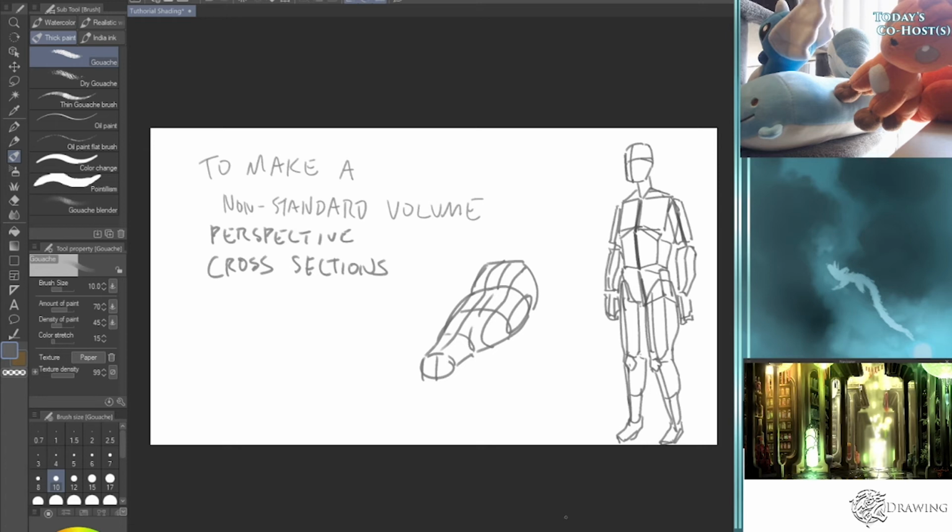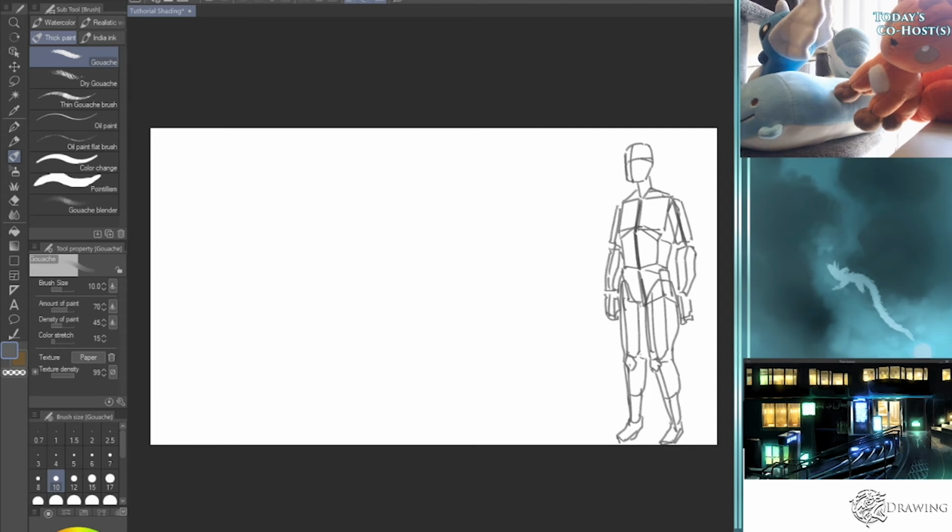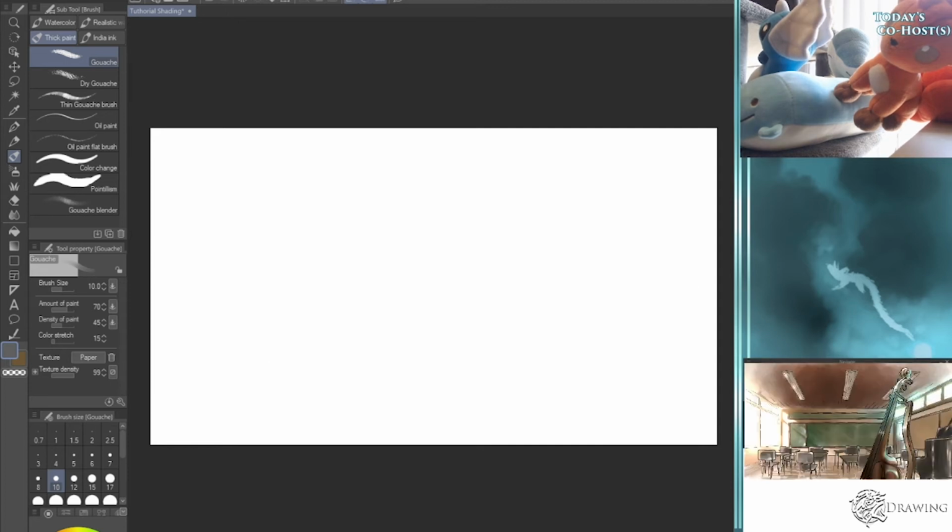But one thing that's very important, especially in human drawing, is the front face. I know a lot of you are character people, so I think you'll find this helpful. Let's draw, you know, a face.